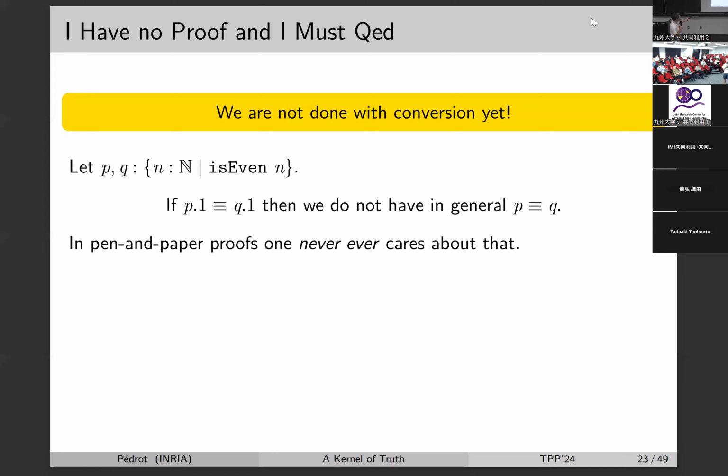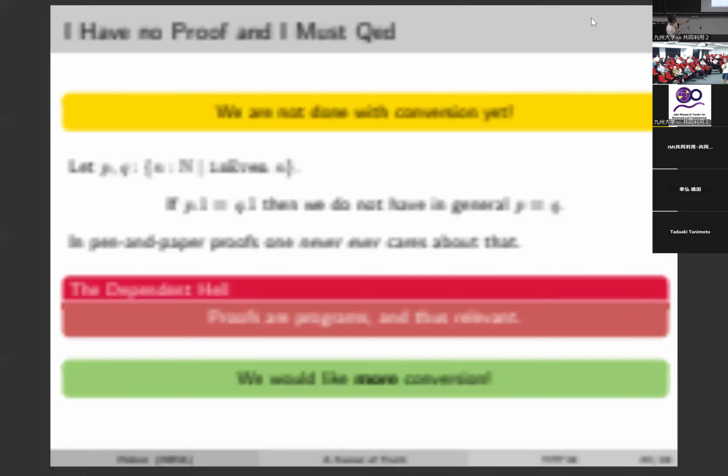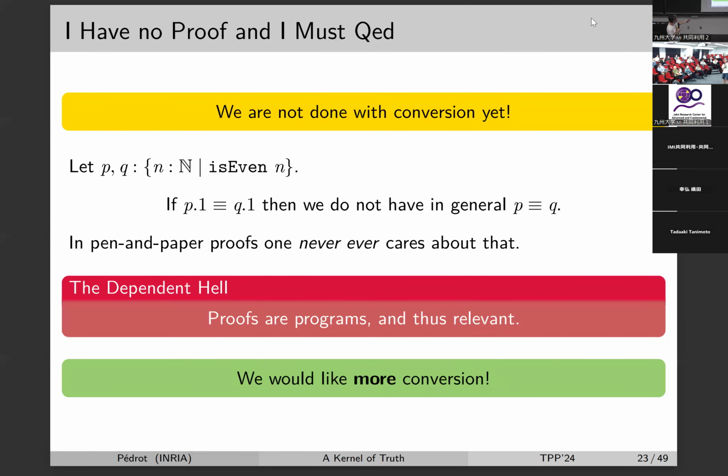Then, if the underlying natural number is convertible, there is no reason at all that the subset types are convertible here, because these things are pairs. Oops, sorry. These things are pairs. So proofs are programs. Remember, this is the Curry-Howard isomorphism. So this thing here is a program. So there is no reason a priori that two proofs are equal like that.